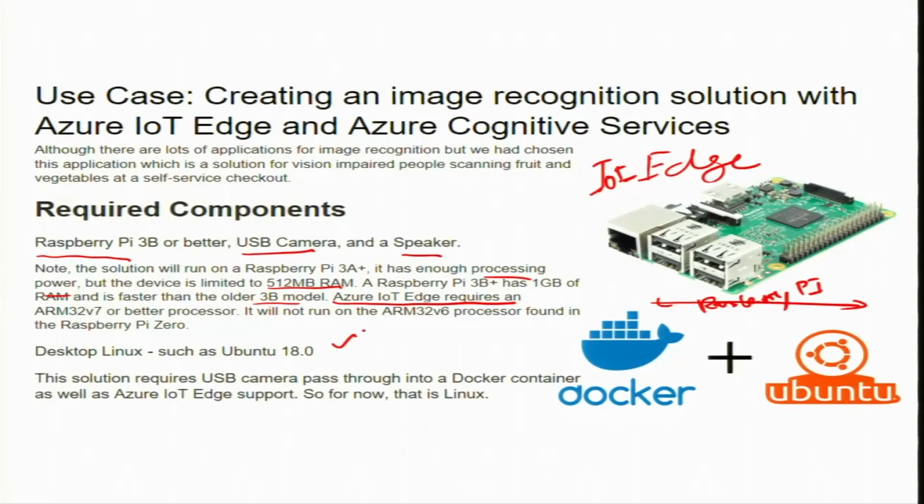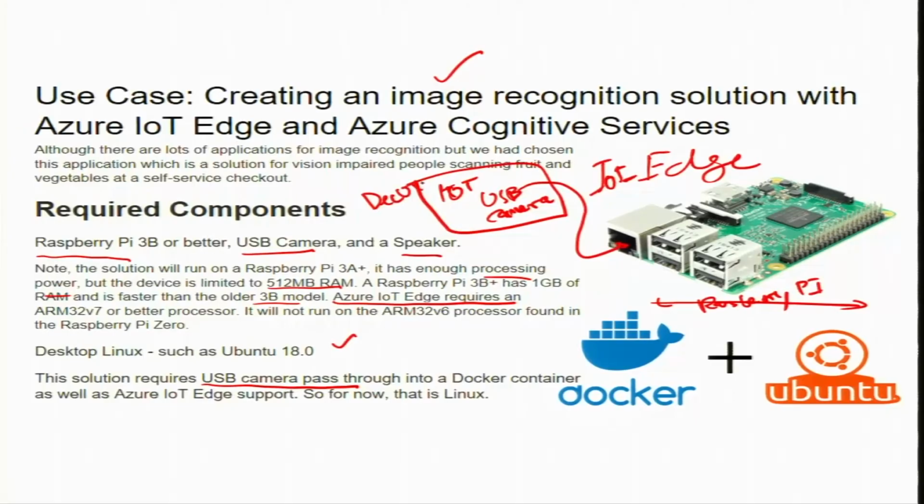And the other thing which you require is a desktop with Ubuntu installed in it. Then, since it is an image recognition solution, you will require a USB camera. That is an IoT camera which is connected through a USB port here into this Raspberry Pi, and this camera is a device, or a thing.